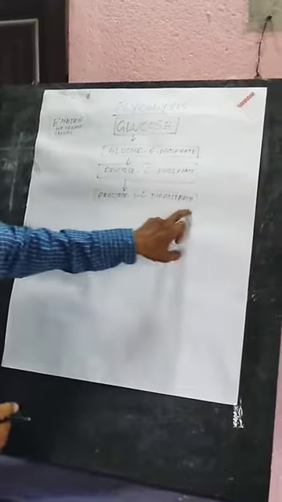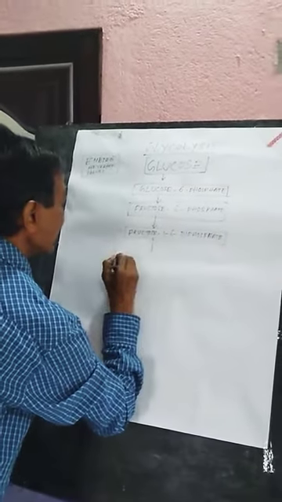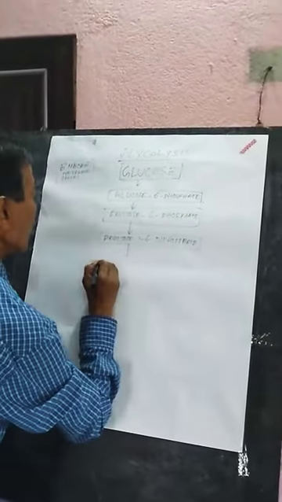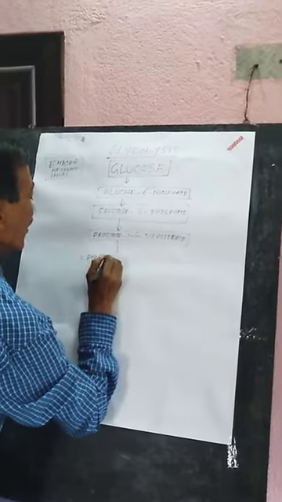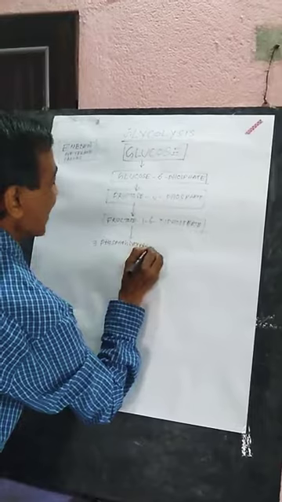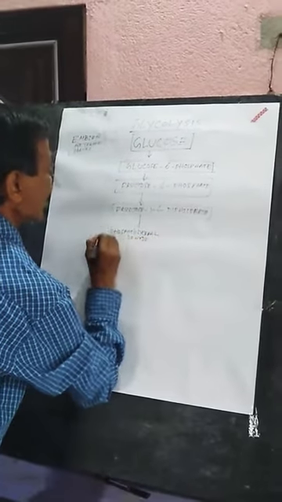Then fructose 1,6 diphosphate splits from 6 carbon into 3 carbon 3 phosphoglyceraldehyde, a 3 carbon compound.